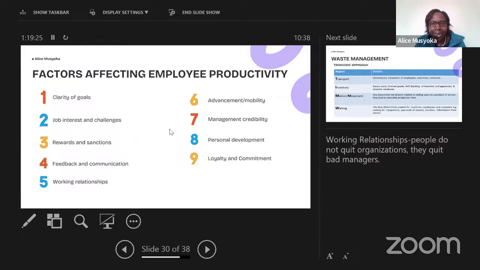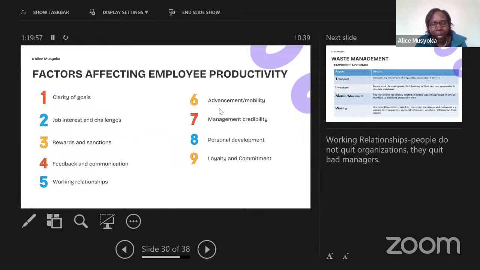Number 6, advancement and mobility. Here we look at career growth, which is very key. If someone is performing in a particular role year in, year out, and there's no mobility, like I know in most of the public organizations, sometimes mobility is not easy, even in some of the private organizations where we have flat organizational structures.